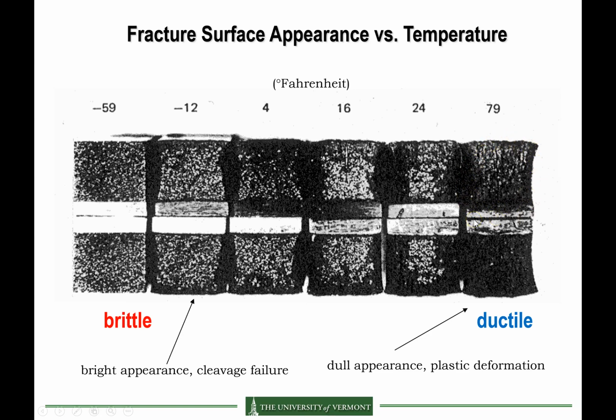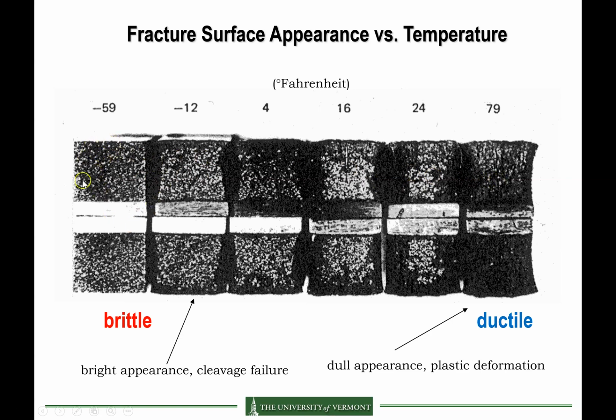Okay, and so keep this in mind because in the test, it is important to look at the surface of the specimen after failure, because this will be consistent with this picture.